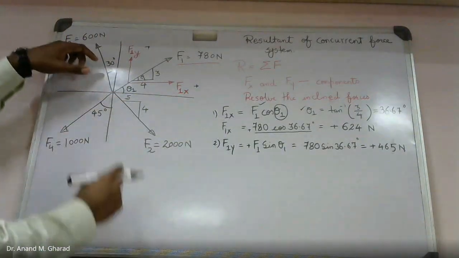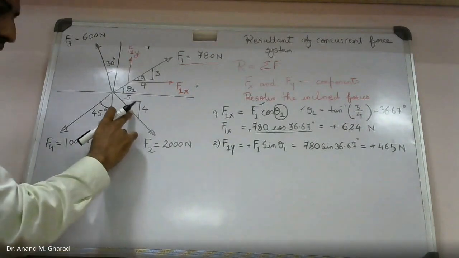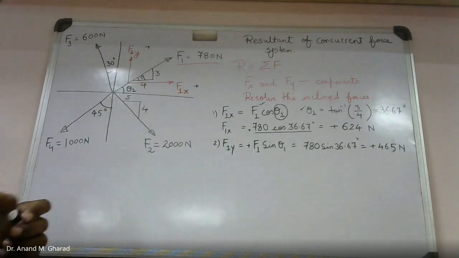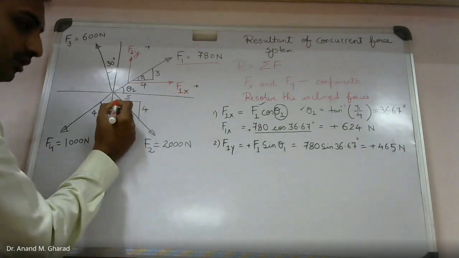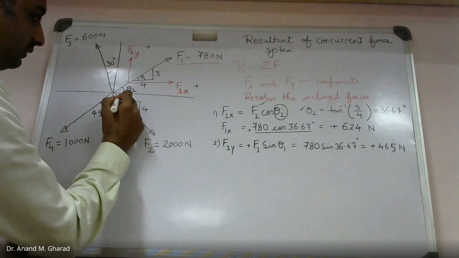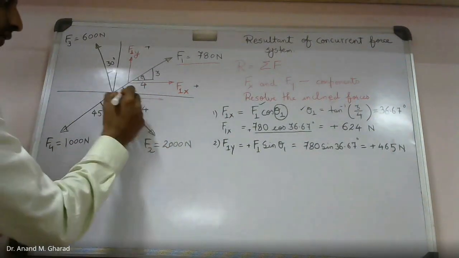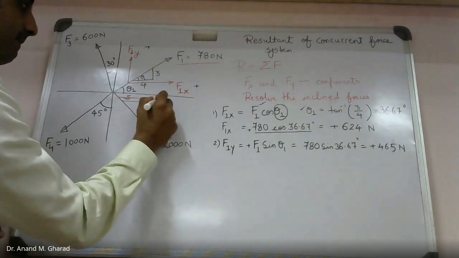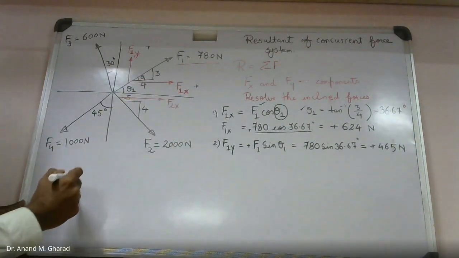Step number 2. Likewise, you are supposed to identify components for the next force, let's say force F2. So for F2, what do you do? You resolve this force into components. How to do that? This will be F2x.